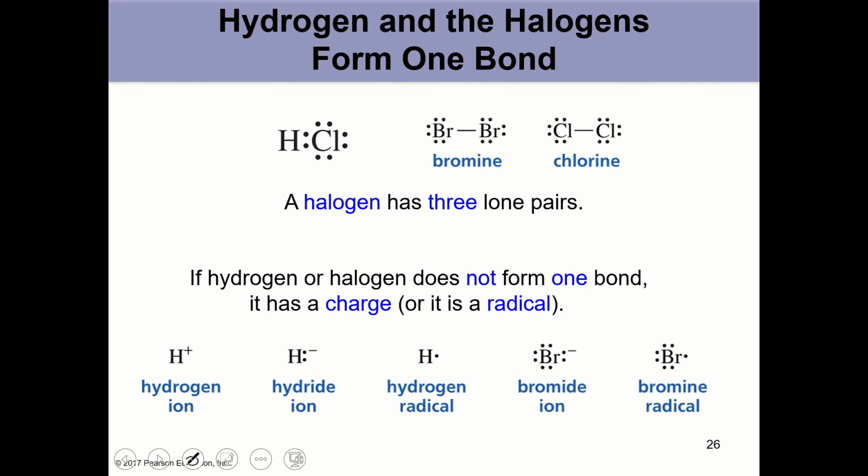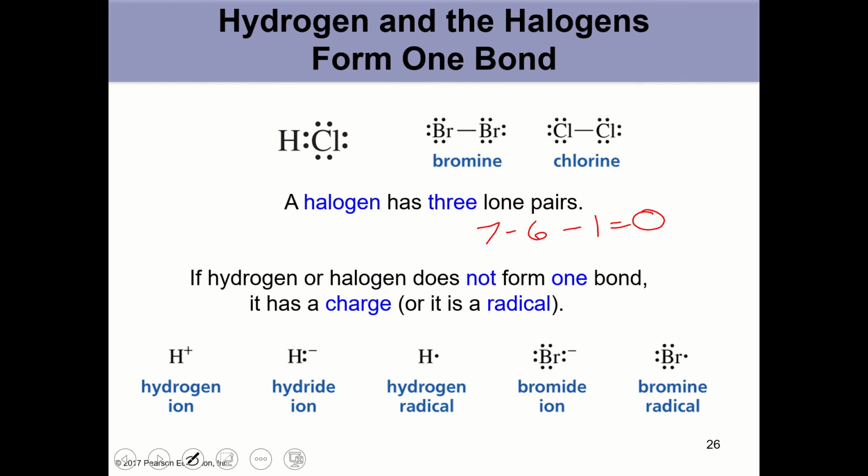We can do that like this: 7 valence electrons minus 6 dots minus 1 bond equals 0. So that's what it takes to have no formal charge: 3 lone pairs and 1 bond. If we differ from this, then we will have a charge.